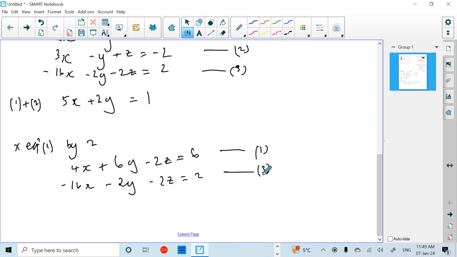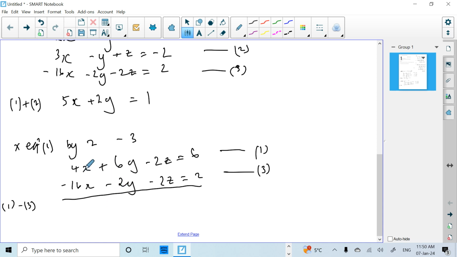I need to say 2 times 1, and then take away equation 3. So 1 minus 3, equation 1 take away equation 3, what does that give me? If it gives me the same result as before, we've got some consistency.